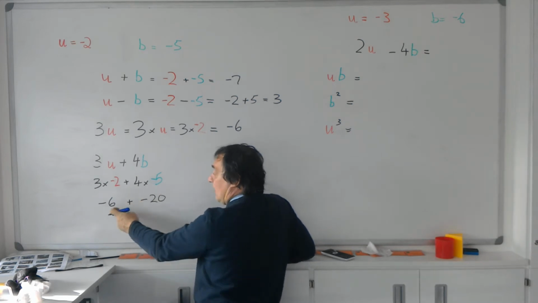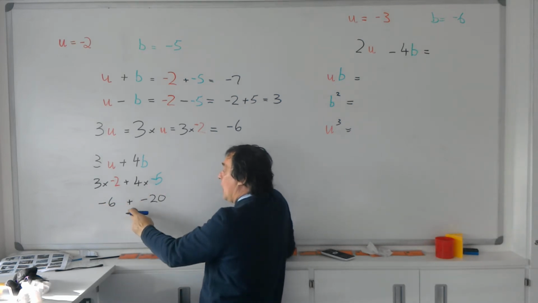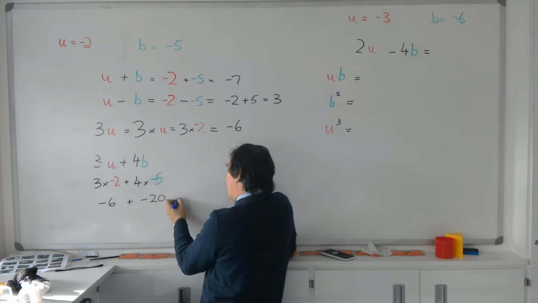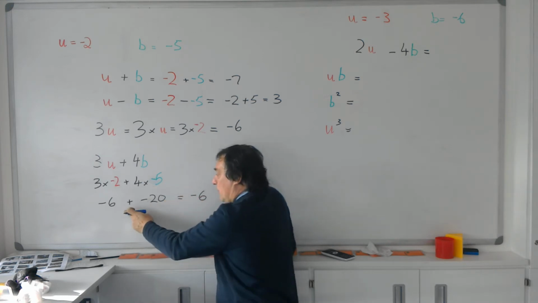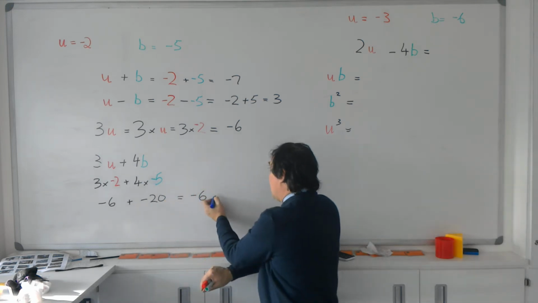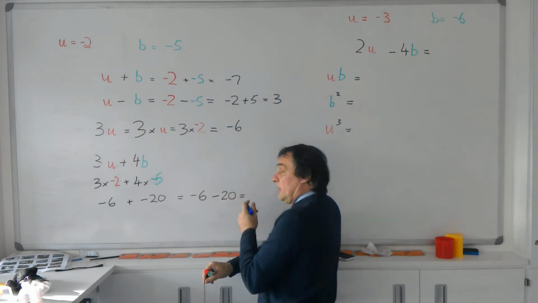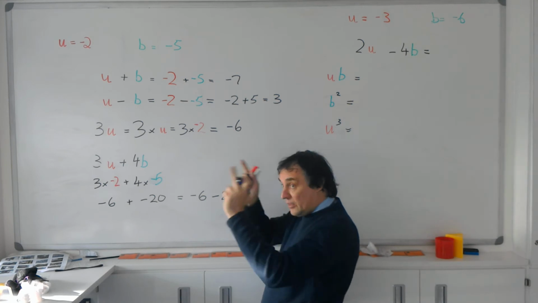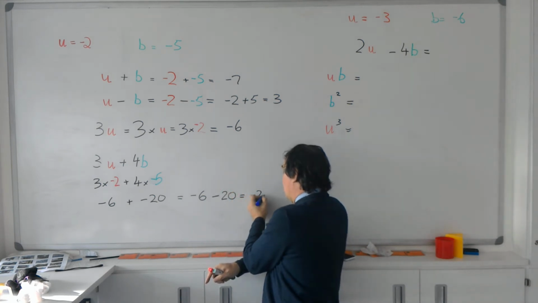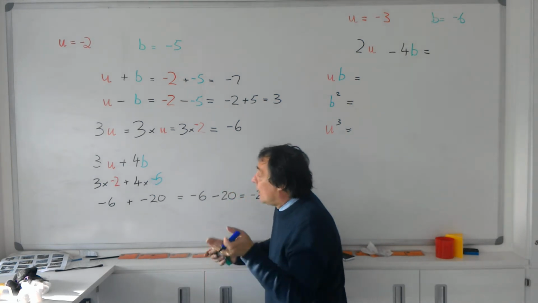Now care here. So we've got -6 plus -20. Now the plus and minus together means a minus overall. So it's -6 minus 20. We're on -6, go back another 20, leaves us with -26.